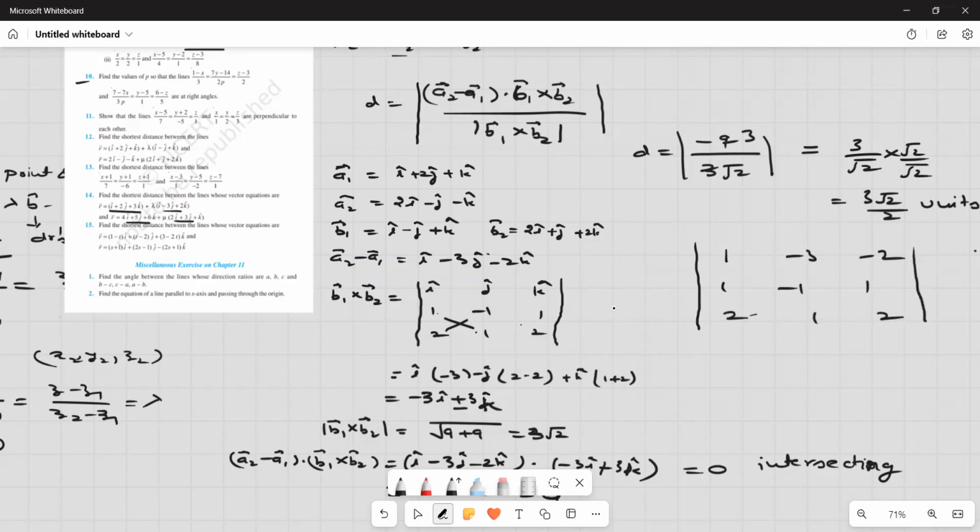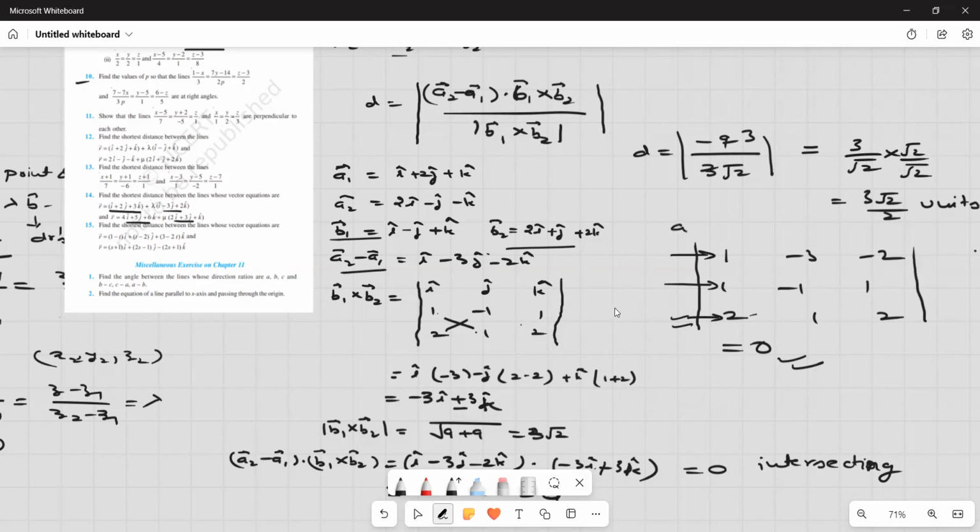Solve this determinant, it should be 0 for intersecting lines. Clear? A2 minus A1 has come in the first row, B1 in the second row, and B2 in the third row. Now expand this determinant, this should be 0.